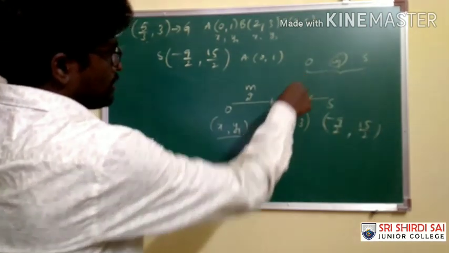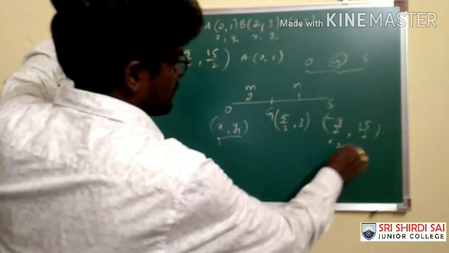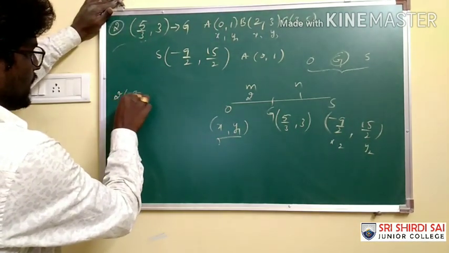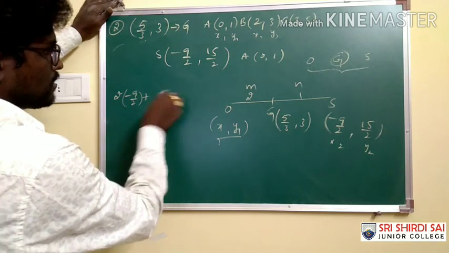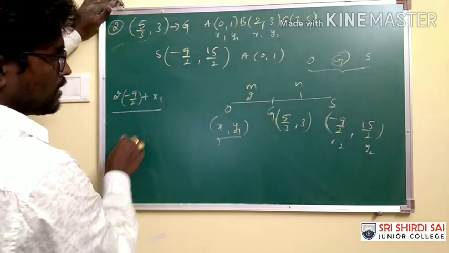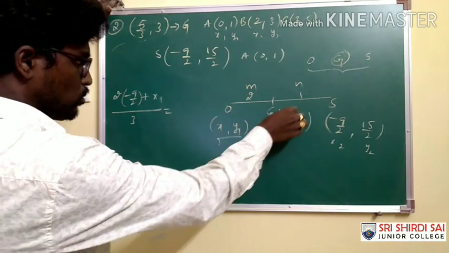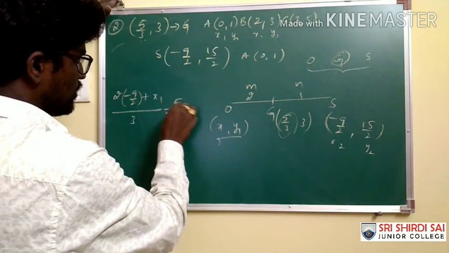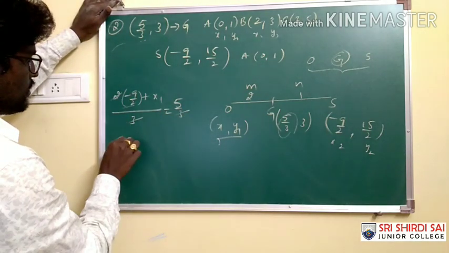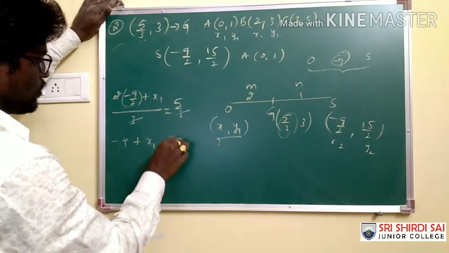This is m, n, x1 y1, and this is x2 y2. m x2 means 2 into minus 9 by 2 plus n x1 means 1 into x1, that is x1 itself, by m plus n, which is 3, is equal to the first coordinate, that is 5 by 3. The 3 gets cancelled, these two get cancelled. Minus 9 plus x1 is equal to 5.